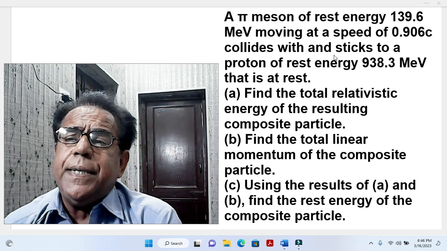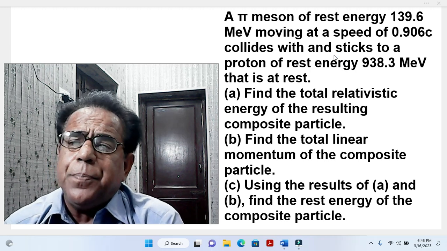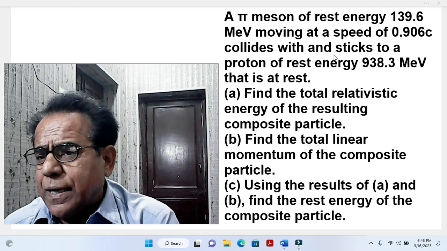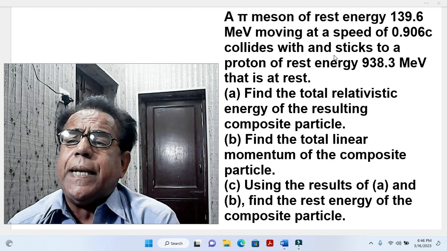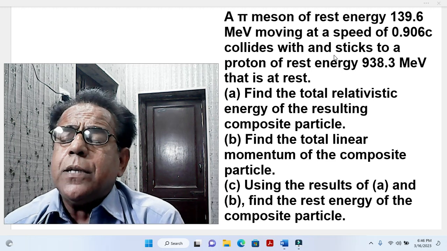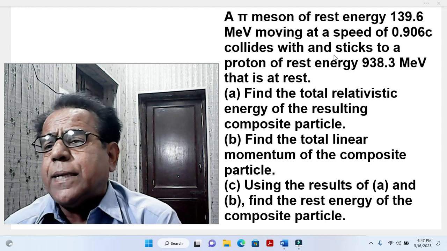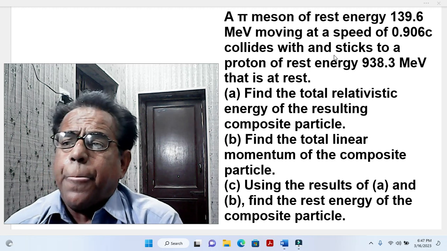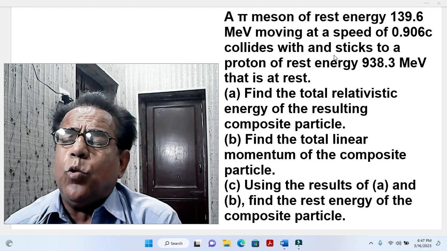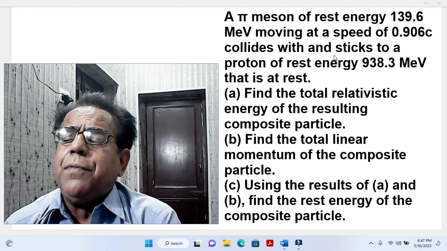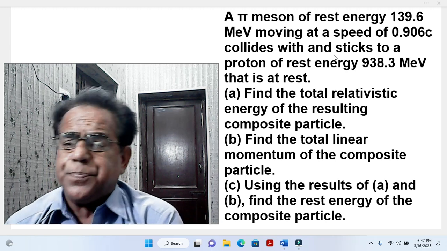So we do not need to find two momenta and then add them. In part A we have to make dual calculations, one for Pi-Meson and another for proton. But in part B, we have to find the momentum only for Pi-Meson, not for proton, because proton is at rest.